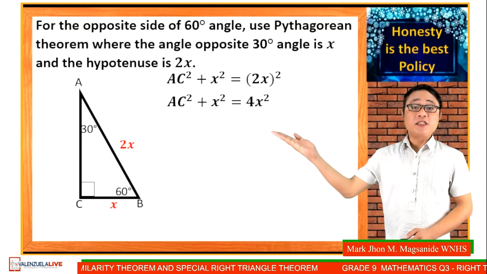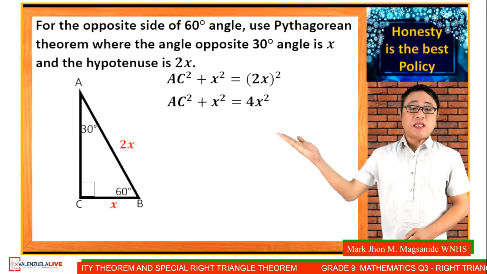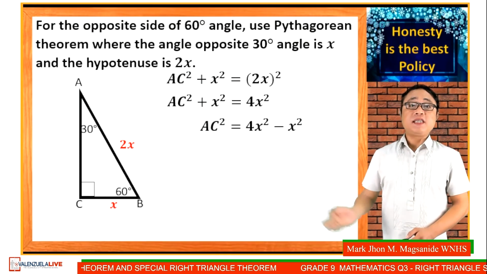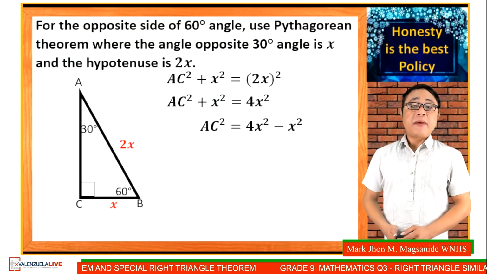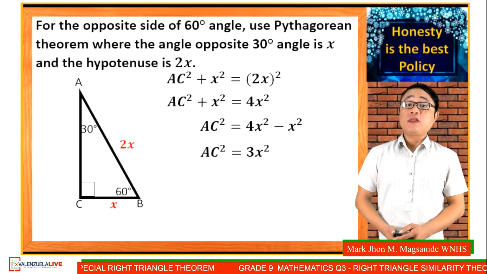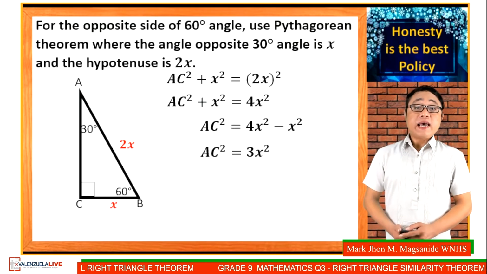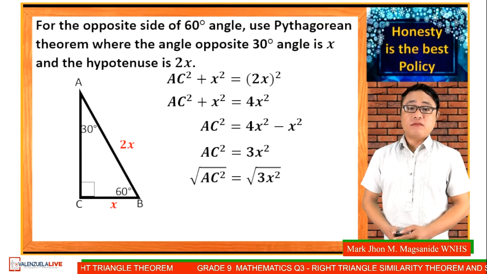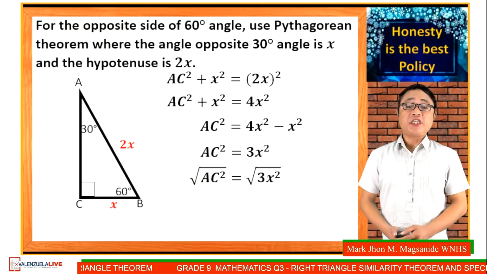And then for this, by addition property of equality, we have AC squared is equal to 4x squared minus x squared. And simplifying this, AC squared is equal to 3x squared. Get the positive square root of both sides of the equation.